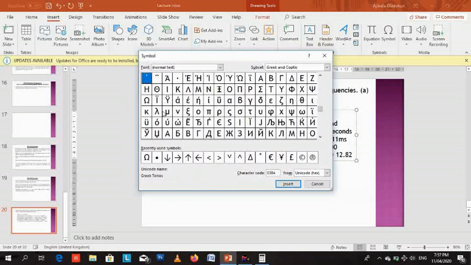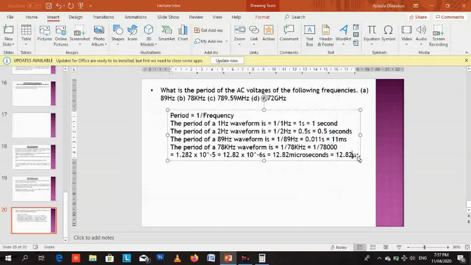Look at the Greek characters. You have lambda, that's lambda. This is mu. You click on it, and you see Greek small letter mu. So mu is the symbol for micro. Insert. Close.